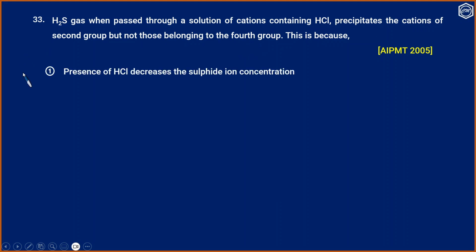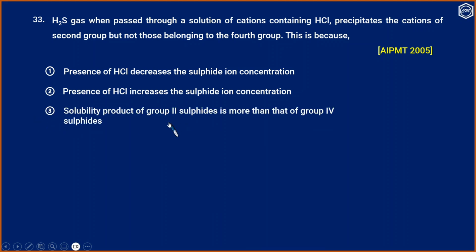This is because: presence of HCl decreases the sulfide ion concentration; presence of HCl increases the sulfide ion concentration; solubility product of group 2 sulfides is more than that of group 4 sulfides; sulfides of group 4 cations are unstable in HCl. And we know the answer: it is due to the presence of HCl which decreases the sulfide concentration. That is the correct answer.